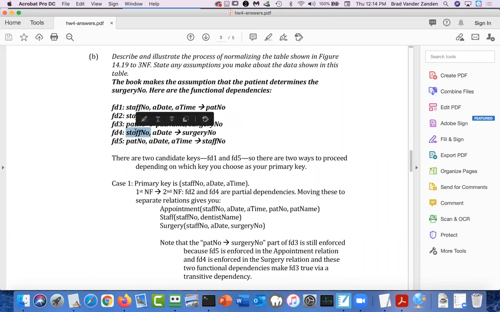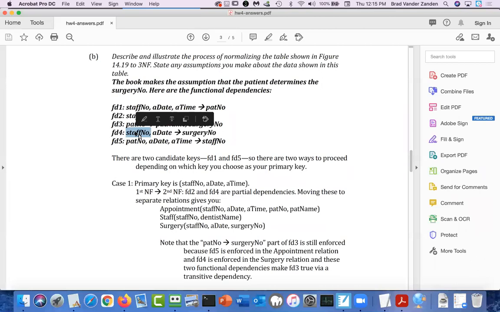The problem is this attribute is not a subset of the primary key. In fact, it is a right-hand side attribute, and so it might look like FD4 is a transitive dependency. So I really don't care which way you handle it, but you had to take this dependency into account.